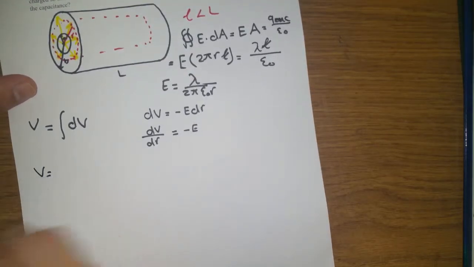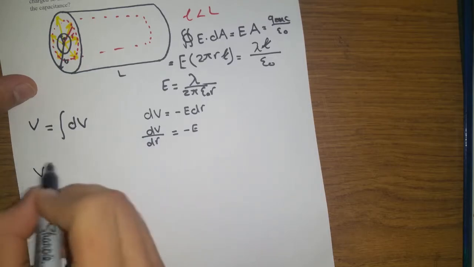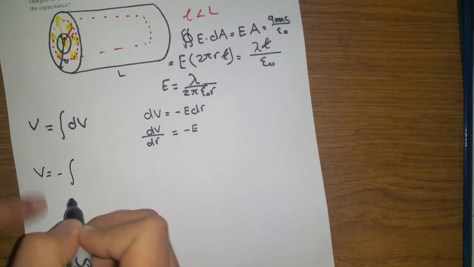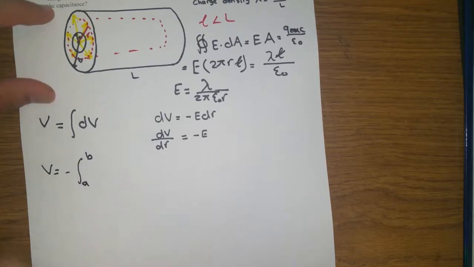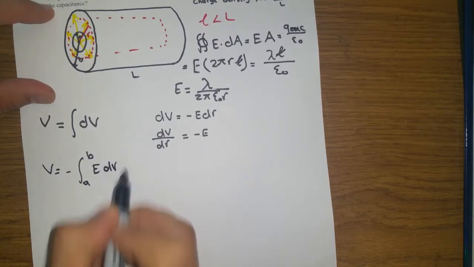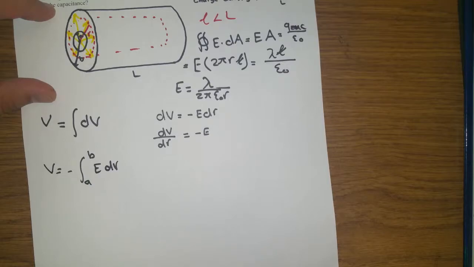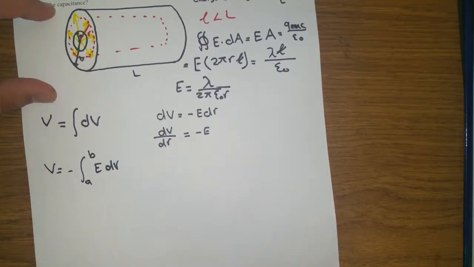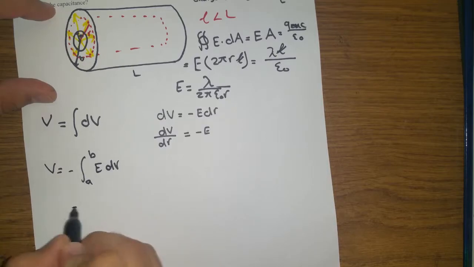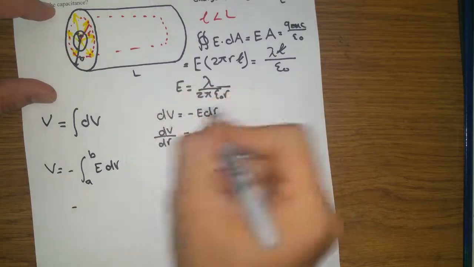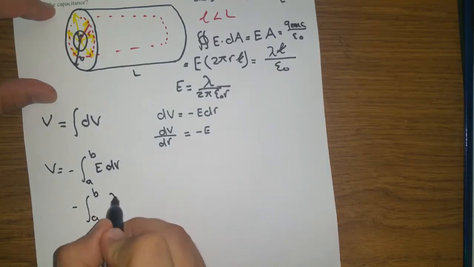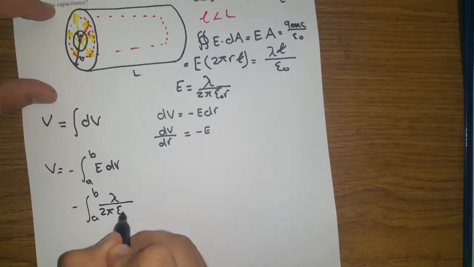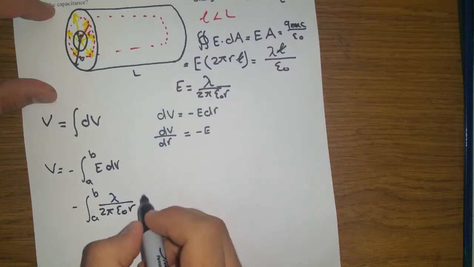Now V is equal to, we're going to substitute now negative, we're going to take the integral from a to b of E dr. Then we're going to substitute E with what we found in step one here. So a to b of lambda over 2 pi epsilon naught times r times dr.